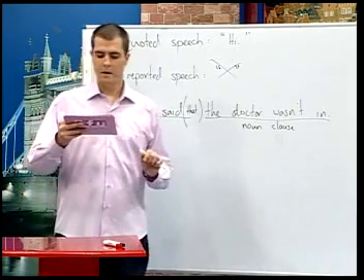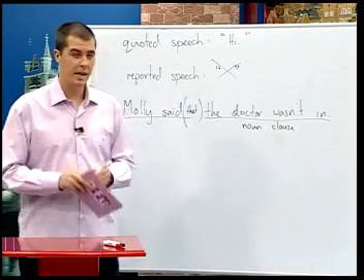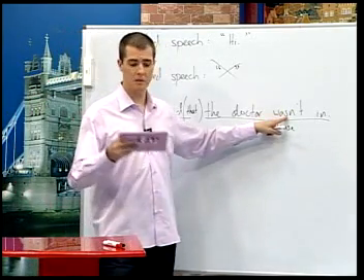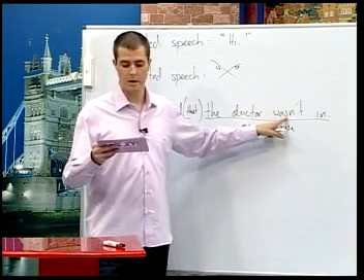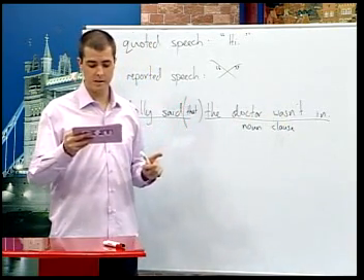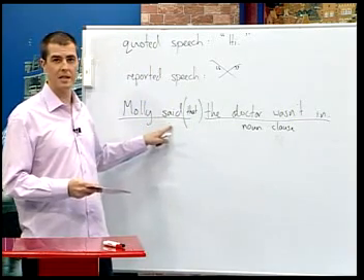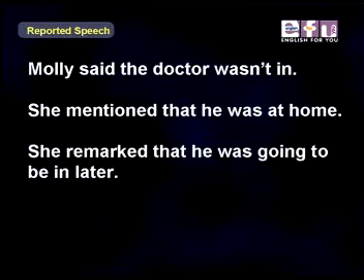Okay. The verb in the noun clause can be the past perfect, or the past continuous. In the first sentence, the verb is in the past tense. It's said. Now, in the third sentence, she remarked that he was going to be in later.